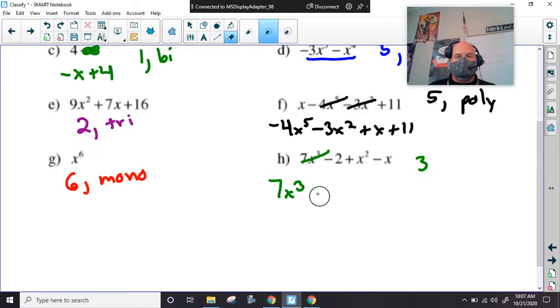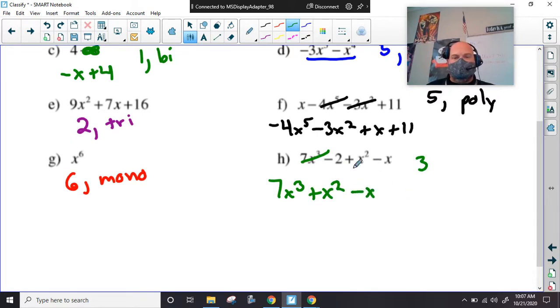X squared. Yep. This one actually goes 3, 2, 1 for us. All right. Minus x and then minus 2. We have more than 3 terms, so what is this? It is poly. Awesome possum.